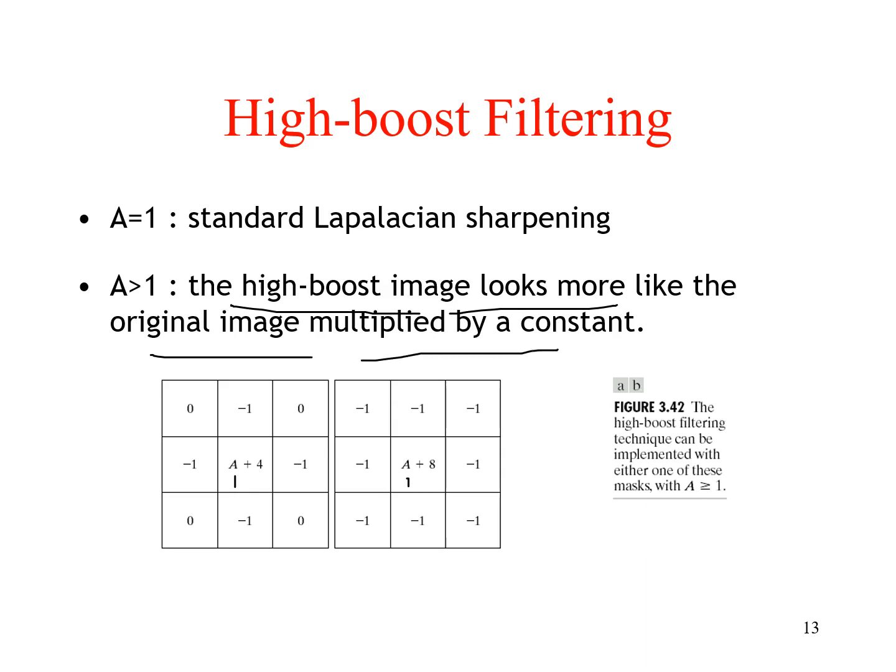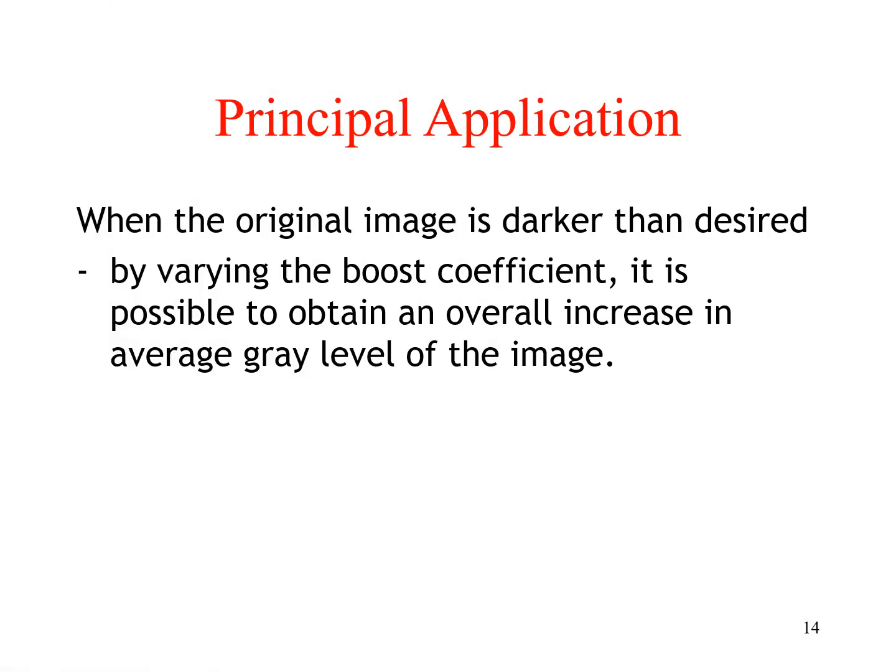We are boosting the values, so that's why it is called high boost filtering. When the original image is darker than desired, by varying the boost coefficient it is possible to obtain an overall increase in the average gray level of the image. You are increasing the brightness.